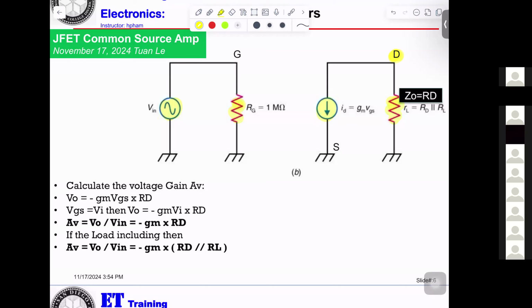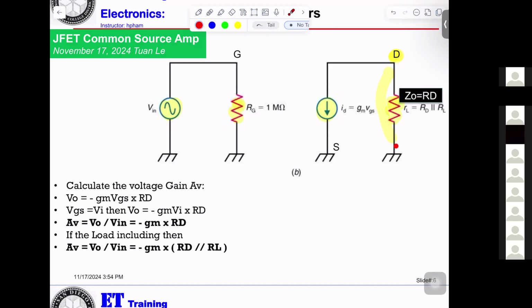Now, calculate the voltage gain AV. If you want to calculate V out, that means the V out here, from the drain to the ground.